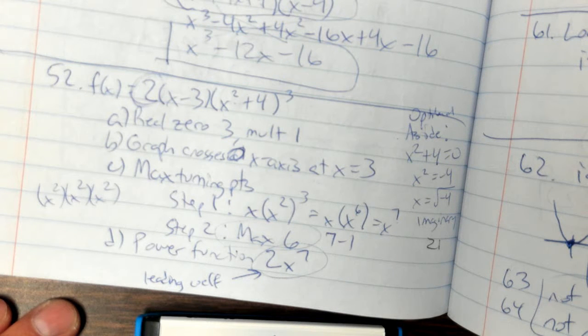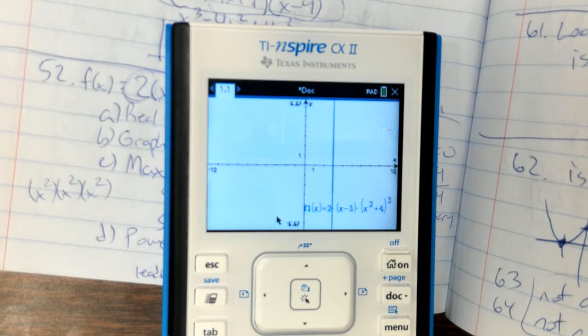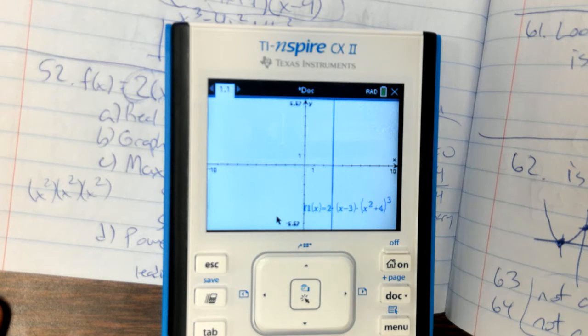So let's see, 2 parentheses x minus 3, and then x squared plus 4, all of that to the third power. Okay, so here's what that graph looked like when I just pushed enter. It just looks like a straight line, but we know that that can't be accurate.